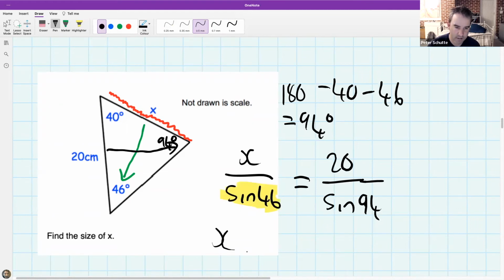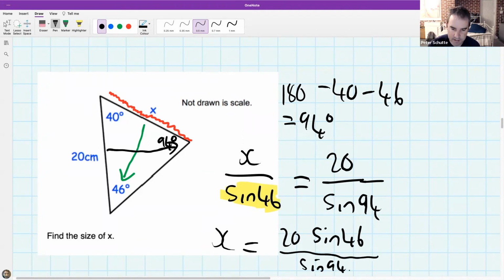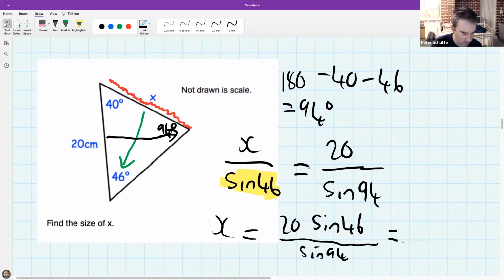When I do that, I multiply both sides by the sine of 46, and I'm going to get 20 times the sine of 46 over the sine of 94. Let's just confirm that the answer that everyone is getting is the same as mine.